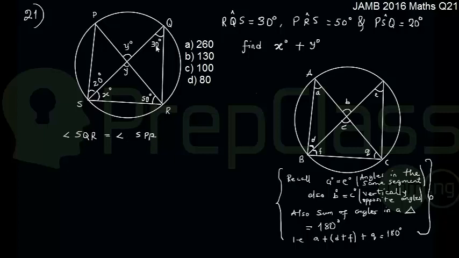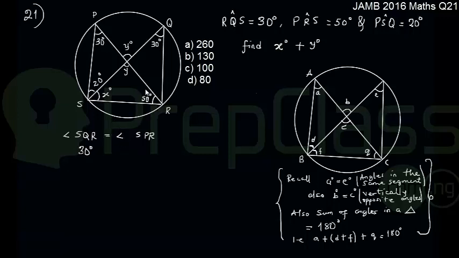That is, the angle here should be equal to the angle there. So if this is 30 degrees, the angle here should also be 30 degrees, as you can see from the diagram. So 30 degrees is the value of both angles.